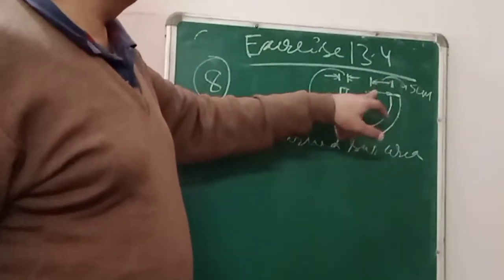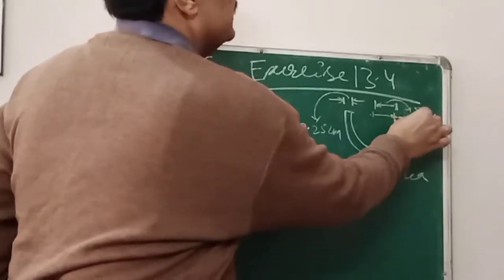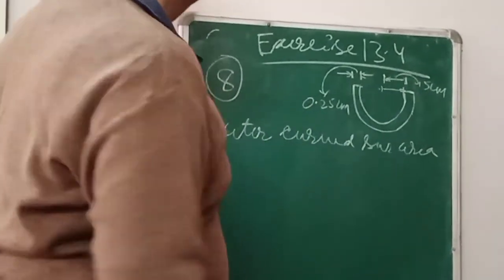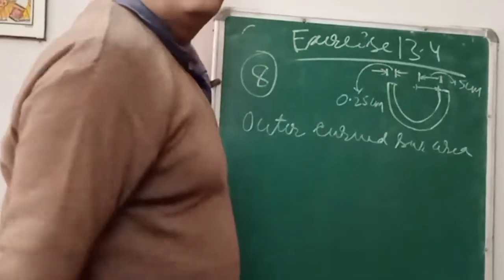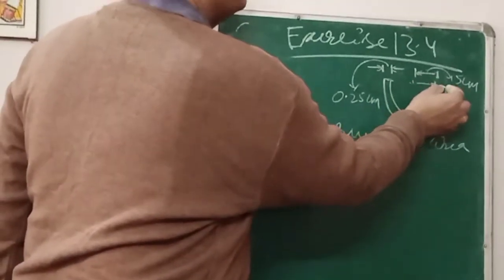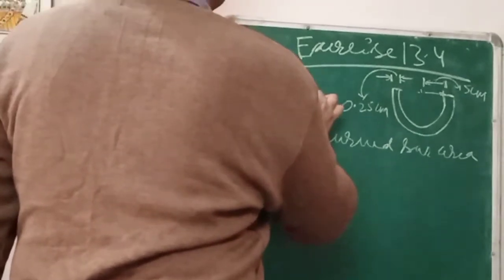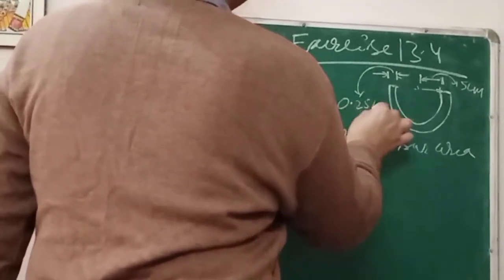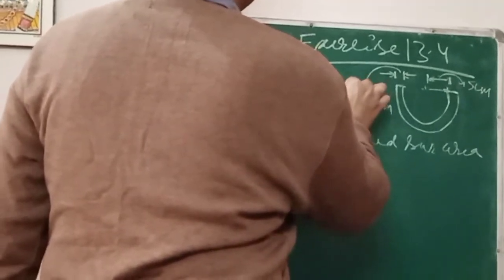We know this radius from here to here is 5 centimeter. This thickness from here to here is 0.25 centimeter. So the outer radius is 5 plus 0.25, that is 5.25 cm.